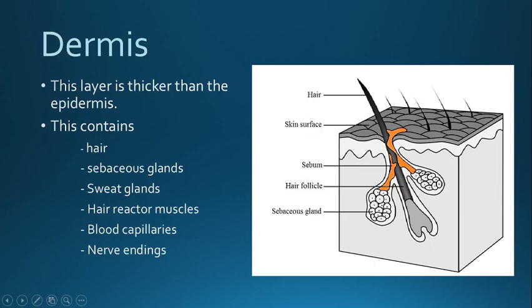Sebaceous glands secrete sebum daily, mainly at night time. When we sleep, the sebum secretion is happening very fast.